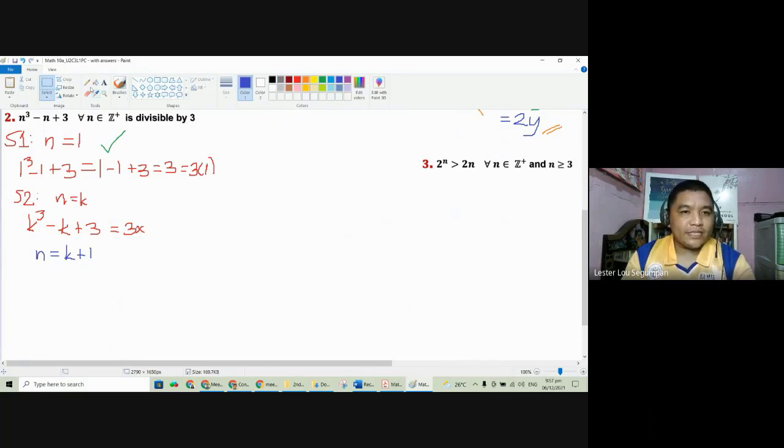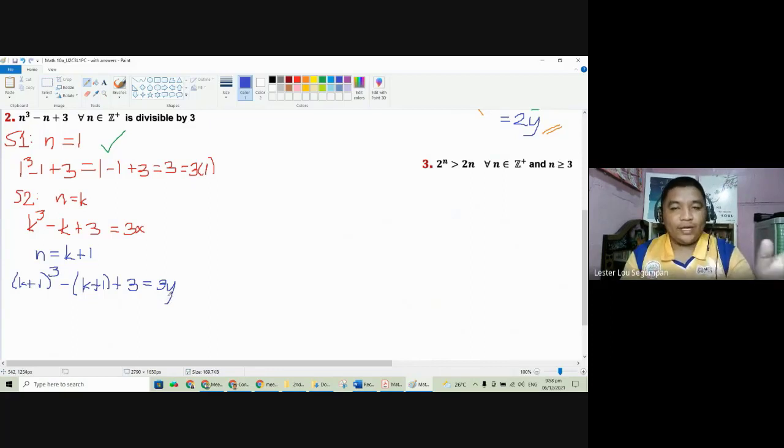So looking back to step 2, this could actually become the cube of k plus 1 minus k plus 1 plus 3, which should be divisible by 3 as well, or we assign it 3y, and y could be any other value. Again, the purpose is just to show that it's divisible by 3, for it has a factor of 3. This is now what we are going to manipulate.